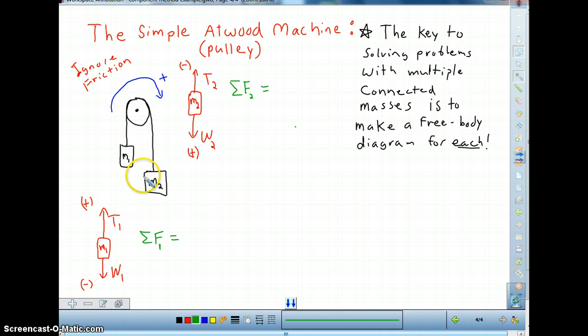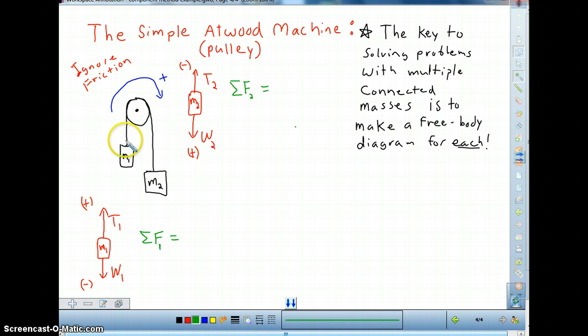What a pulley system always does, whether it be a simple one with two masses hanging off like this or a modified one we'll see in class later, is that the pulley changes the direction of the system moving. We have a mass 1 and a mass 2 hanging off our pulley, and as it goes into motion, if we call up the positive direction on this one, we will continue to take the positive direction over and around the pulley.